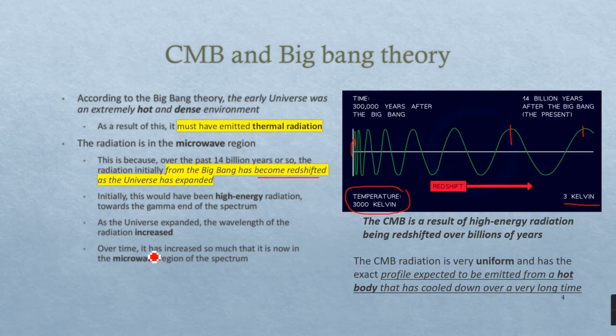Now it's in the spectrum of microwave radiation. We believe initially it was more in the gamma spectrum, at the end of the radiation spectrum. As the universe kept cooling down and expanding, this wave became more stretched and more redshifted to a milder, cooler radiation.